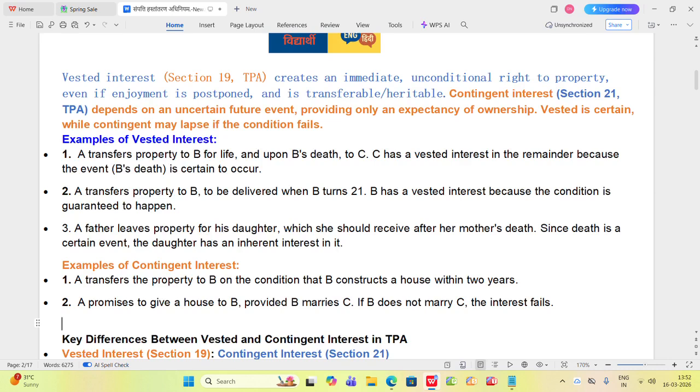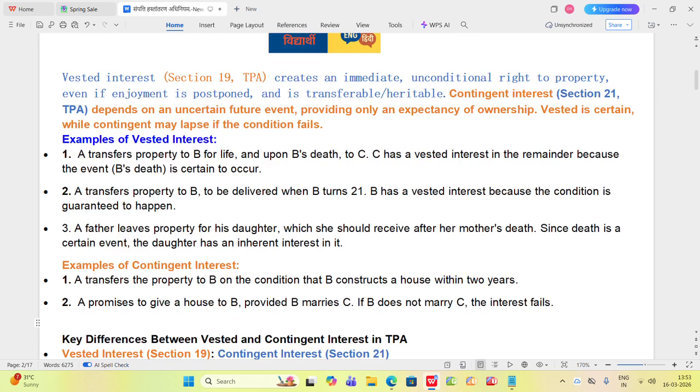A transfers property to B for life, and upon B's death to C. So C has a vested interest in the remainder because the event, B's death, is certain to occur. B will die, it is sure, so the property will automatically transfer to C.